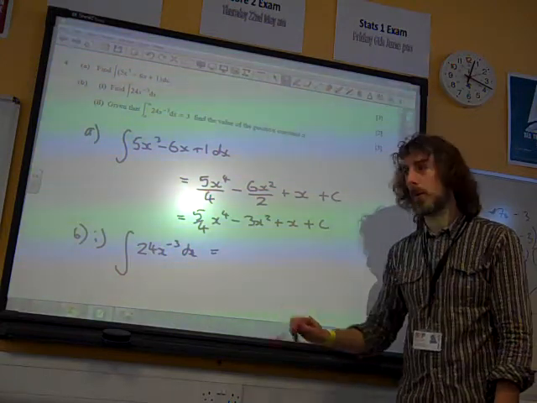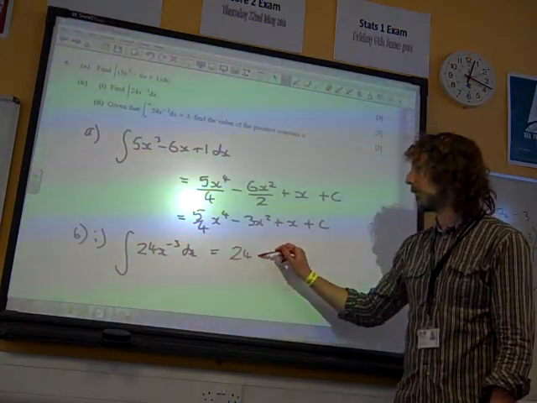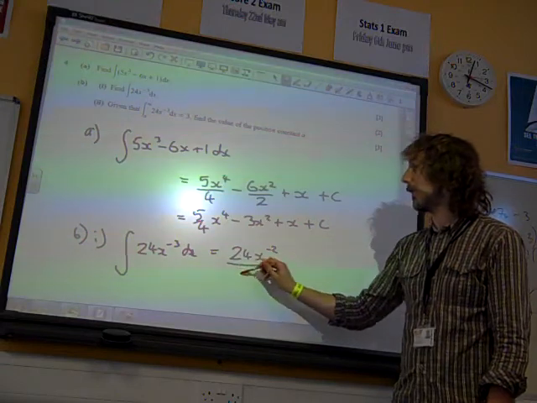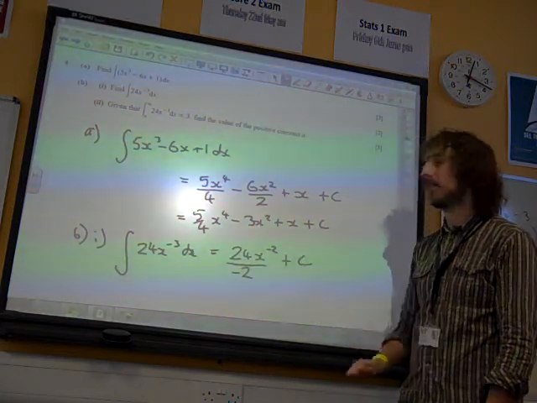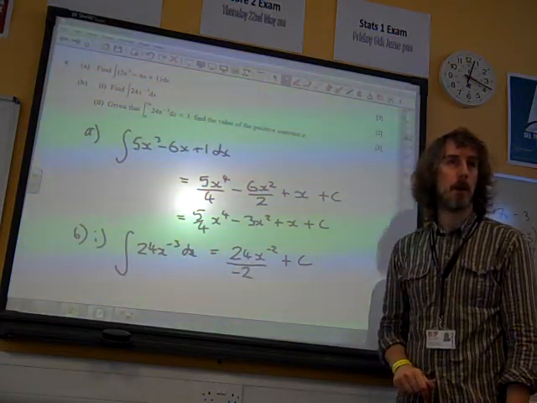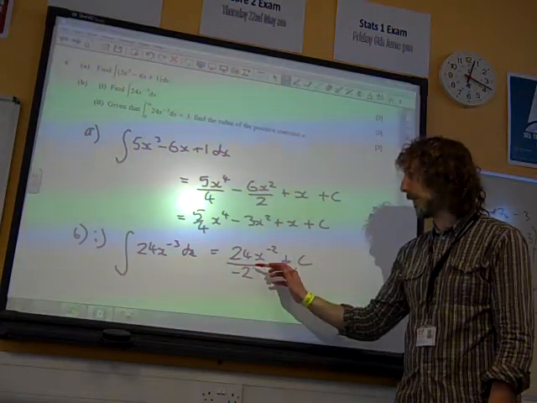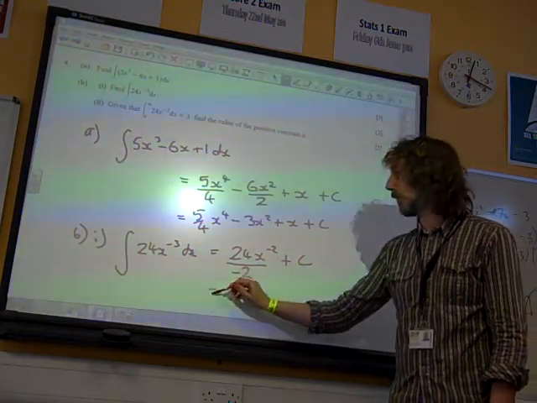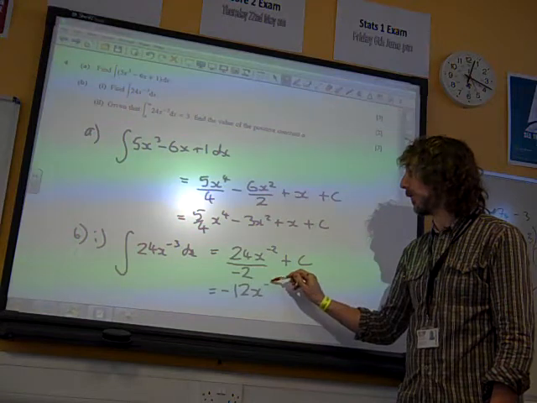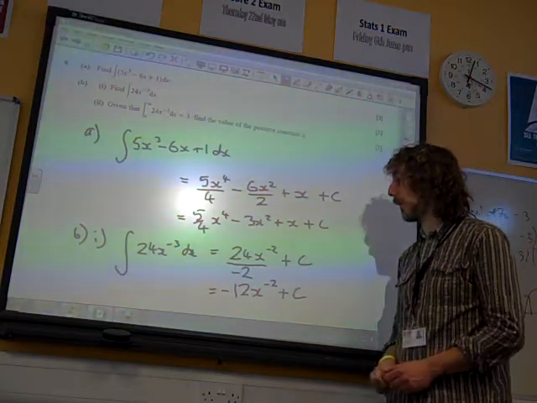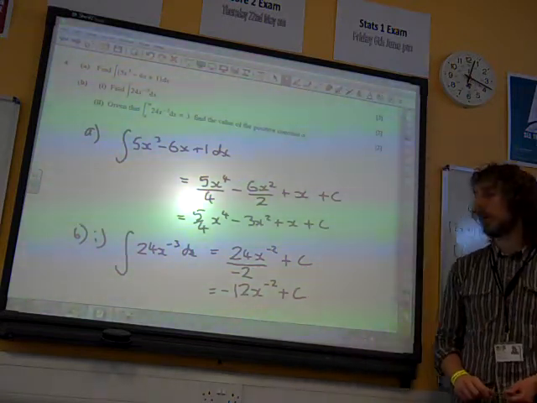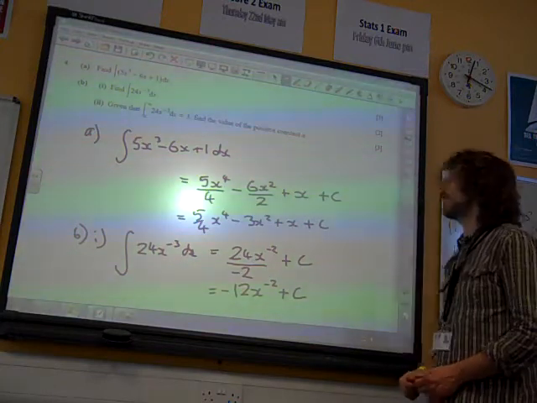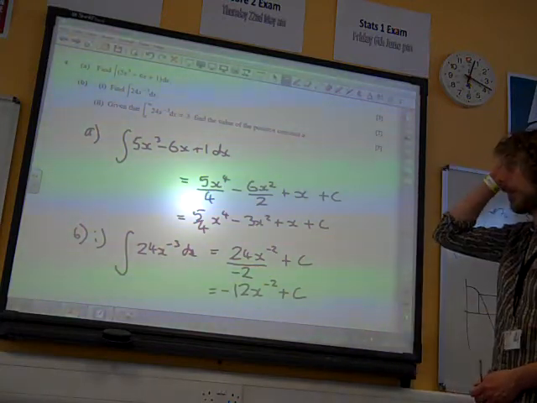Remember, minus 3 plus 1 gives us minus 2. Divide by the new power and put plus c. 24 divided by minus 2 gives us minus 12. So the answer we're looking for is minus 12x to the minus 2 plus c. Great, we've picked up 5 marks from it so far.